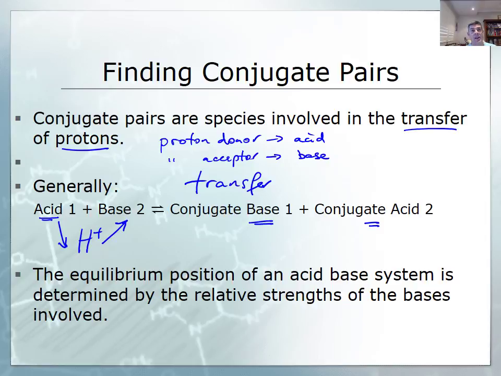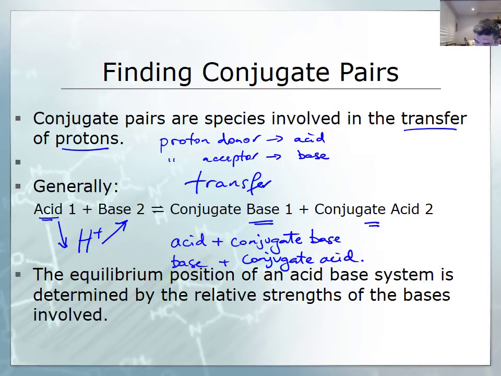When we look at conjugate pairs, we're looking at a pair of acids and bases, where an acid and a conjugate base represent one conjugate pair, and then the base and the conjugate acid represent the second pair. We'll look at some examples so that hopefully that will make a little more sense in a moment.